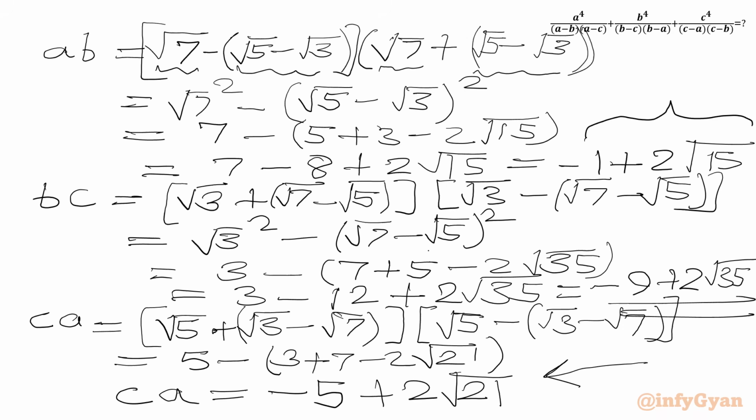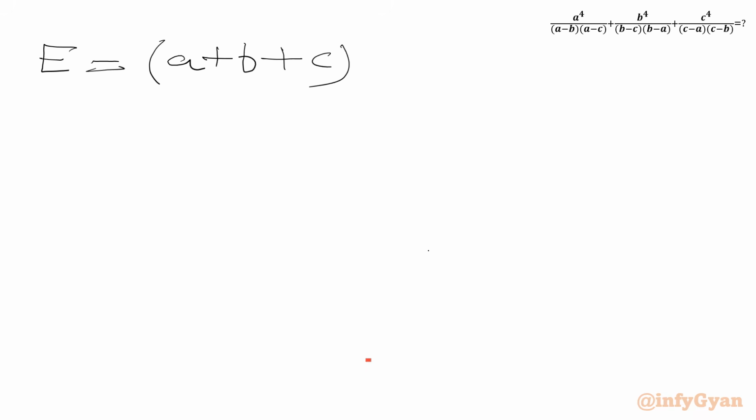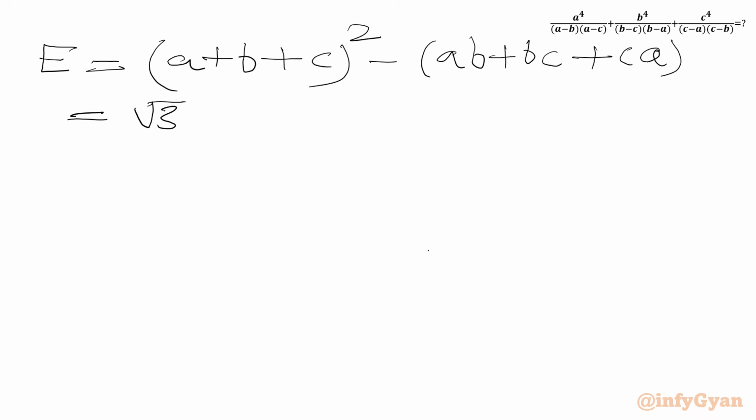Now we'll be plugging in all the values. So I will write here the required expression E equal to (A + B + C) whole square minus, in the bracket, (AB + BC + CA). So we'll be putting the value of A + B + C, which is root 3 plus root 5 plus square root of 7, and then we'll put the square.